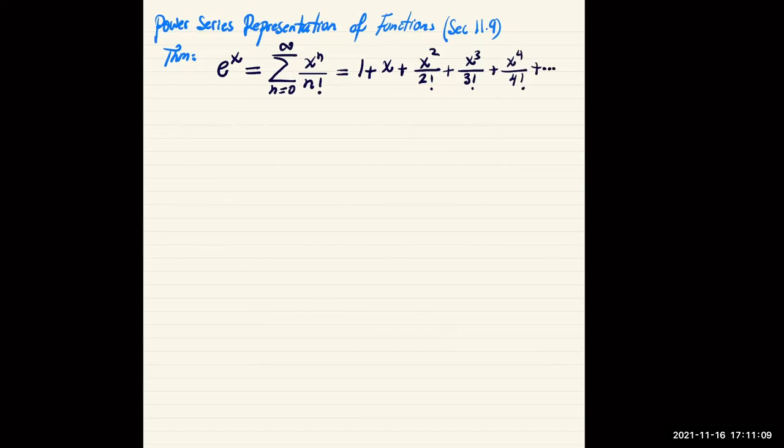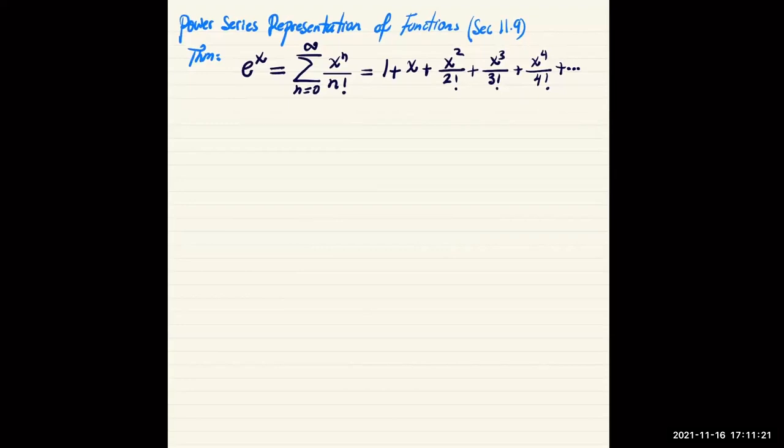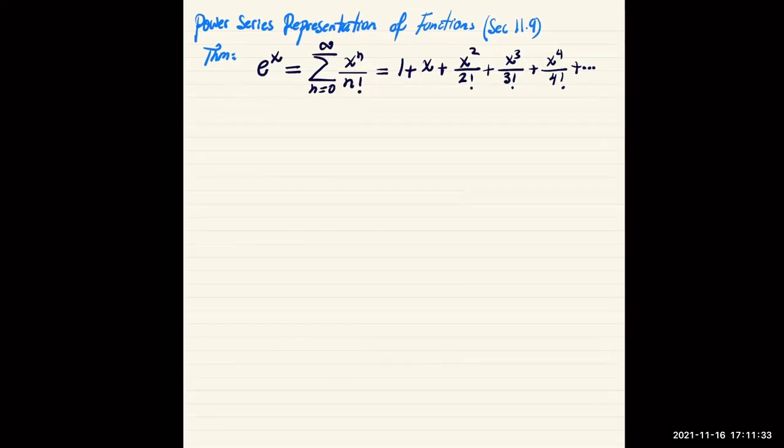So we're going to prove finally this theorem, why e to the x can be represented using a power series. We'll prove why, but in the next section, we're going to see where they get this from. We're just proving why for now.